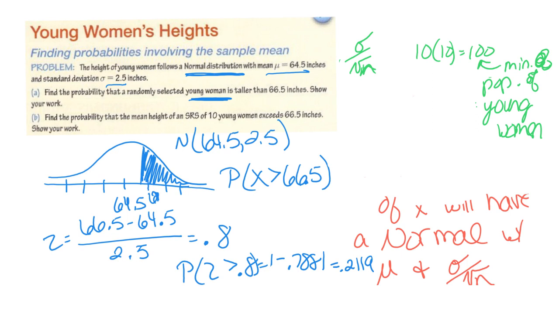So my 10% condition is met, and you may want to identify that. Now I can go ahead and calculate a new standard deviation, which is going to be 0.79. And now I can go ahead and draw a new curve. Let's see if I can get rid of this old one.